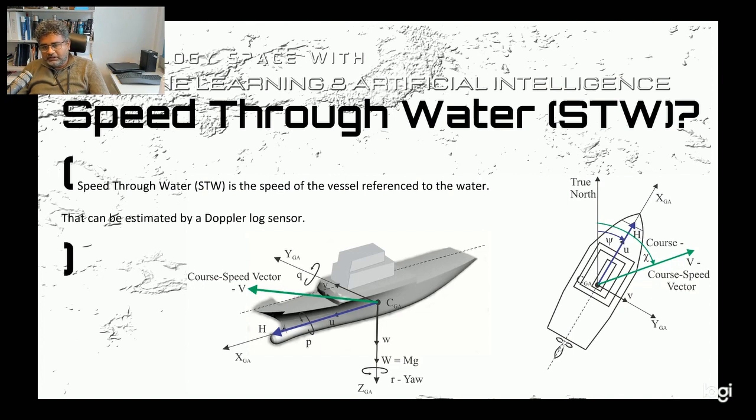So the speed over ground and the speed through water will have two different values. That means you are measuring the speed of the vessel relative to the speed of the ocean current in that specific situation. We can use Doppler log sensors to estimate the speed through water in these situations.